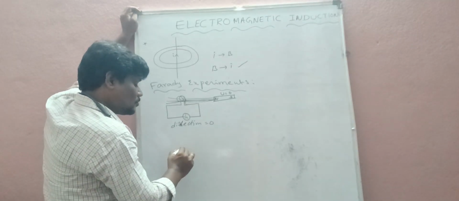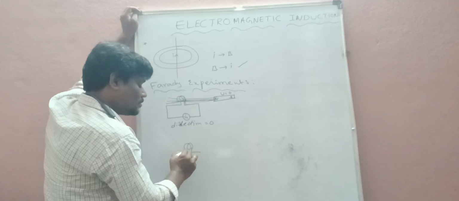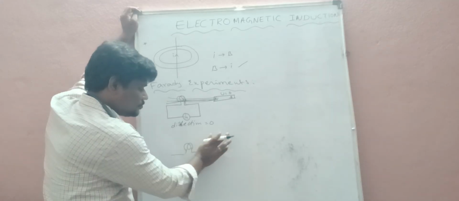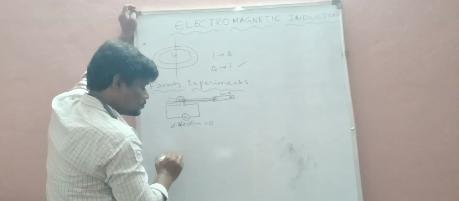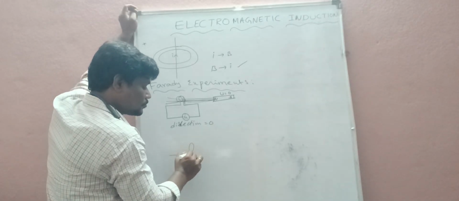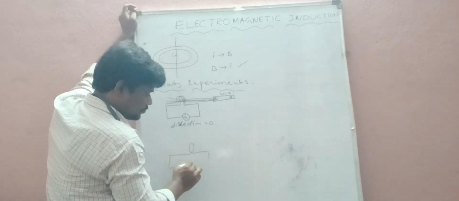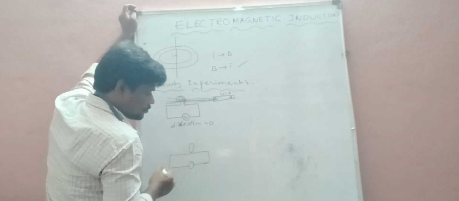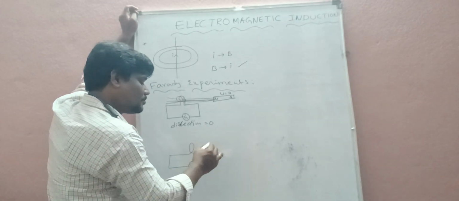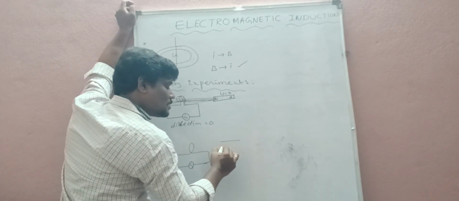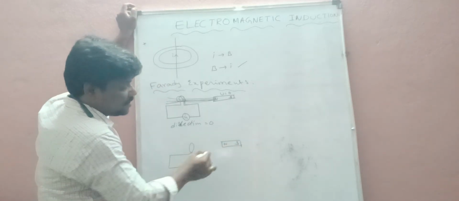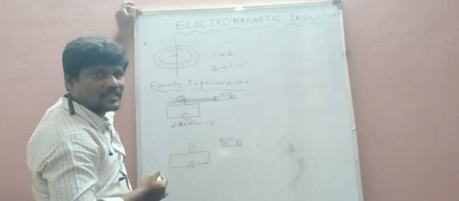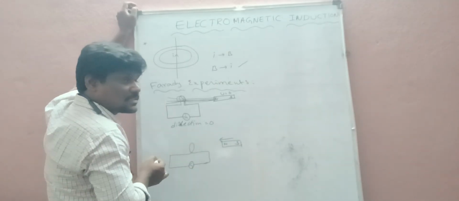But you can take one coil. This is the galvanometer. Now this is one bar magnet, north pole or south pole. If it is moving in this direction, then what happens?